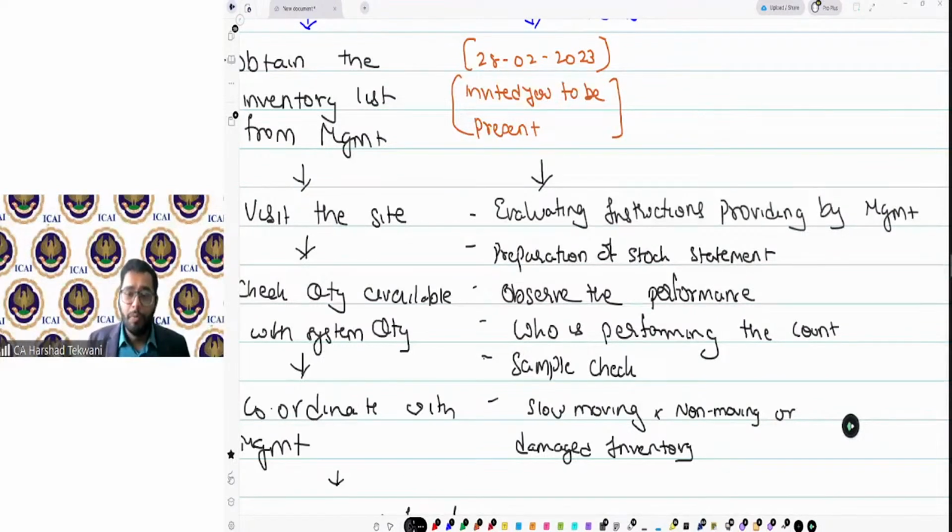Even what is the responsibility of the store manager during the count, what is the responsibility of the counting officer, and everything will be covered in that particular document.